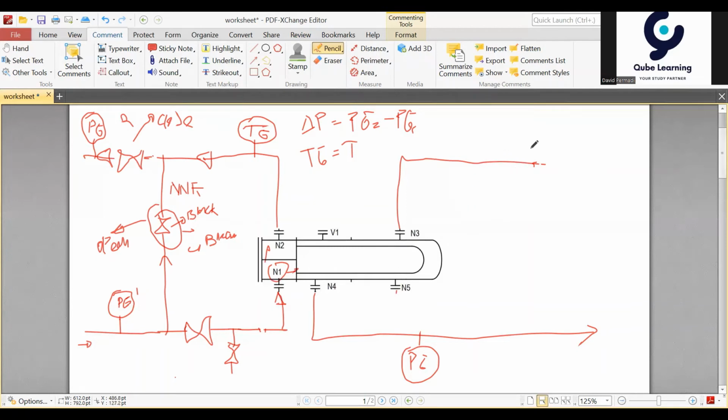And then we also have to put a TI here. Why do I put a TI rather than a TG?